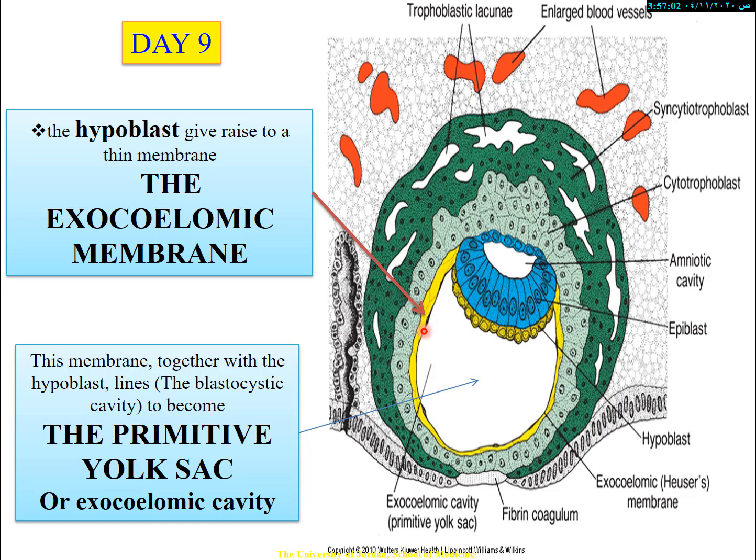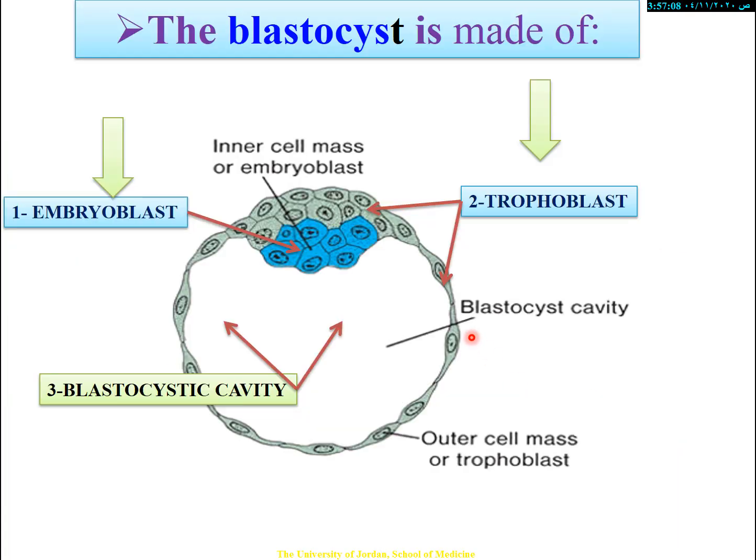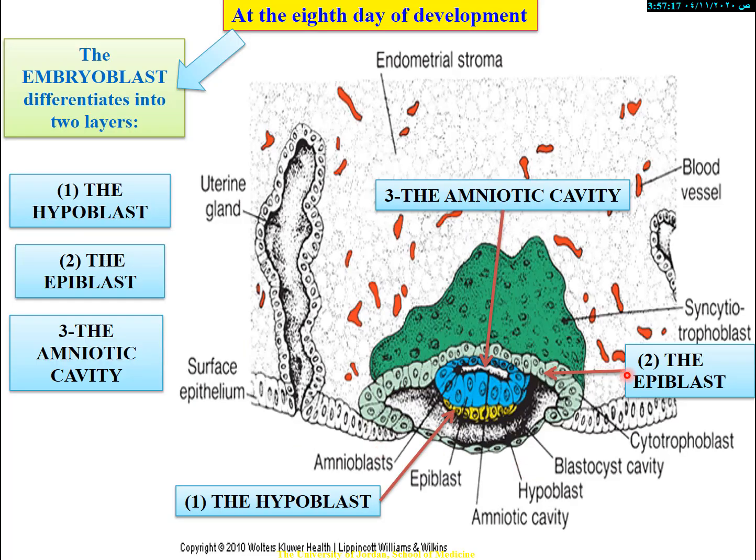Now you need to go backward and compare. This is the blastocystic cavity. It's not lined by anything, just trophoblastic cells. We call them here cytotrophoblast. But the cavity is named the blastocystic cavity.